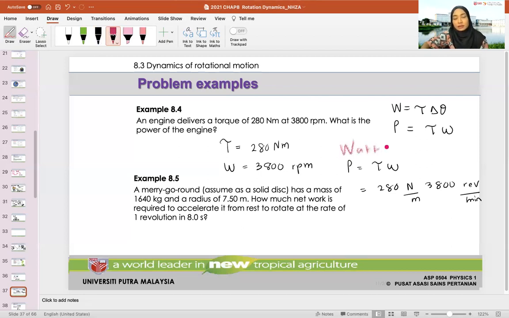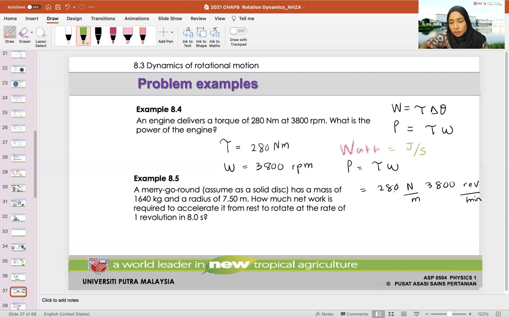Okay, how is watt derived? Like Newton is ma, kilogram times meter per second squared. How is watt derived? It is work over time. So what is the unit for work over time? Joules per second.